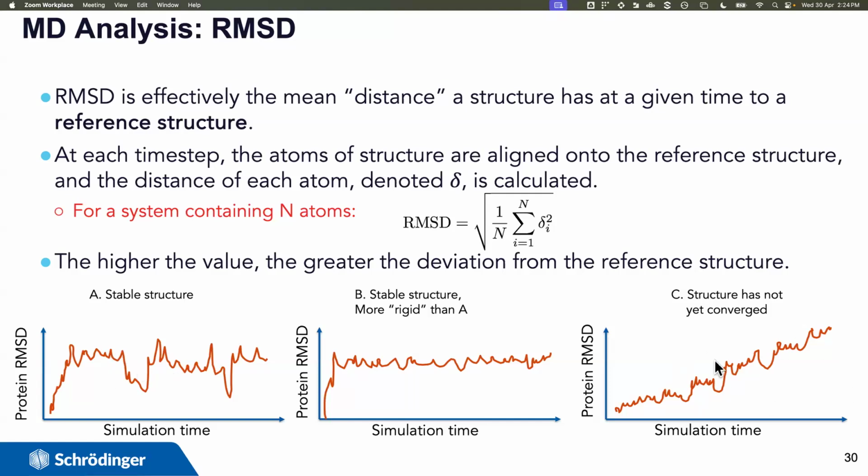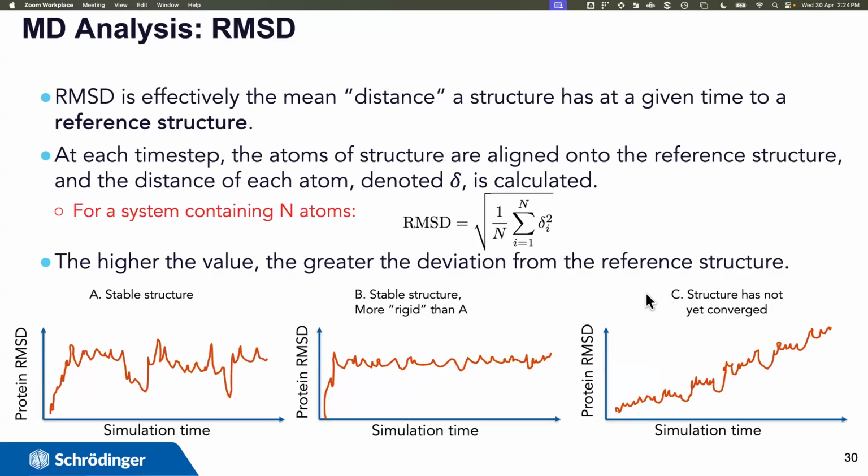But if you see that your RMSD plot is gradually increasing, it means that the structure has not yet converged. In that case, probably you need to extend your simulation, maybe run a longer simulation.